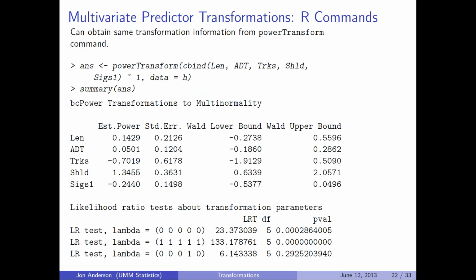Here is the output from such a command. We can ask for printed output for such things, and so we select the power transform command, and we tell the power transform command the set of predictors that we want to use.